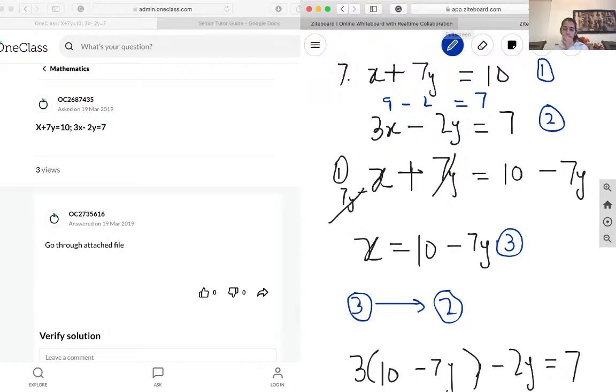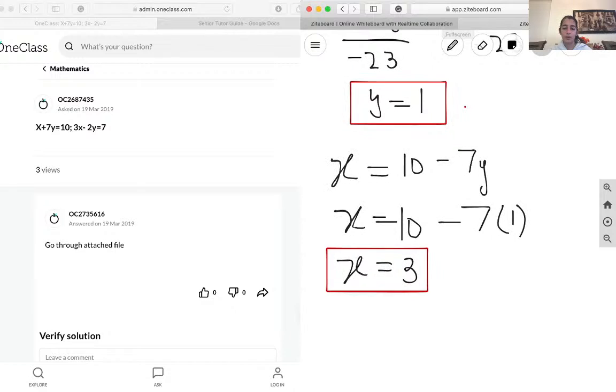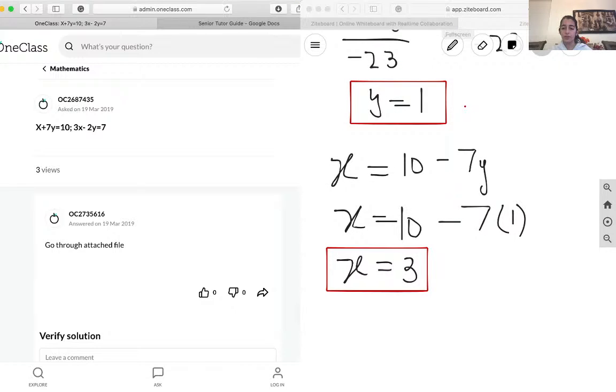If one side of the equation equals the other side of the equation, it will equal 7. And so now we have our final values.